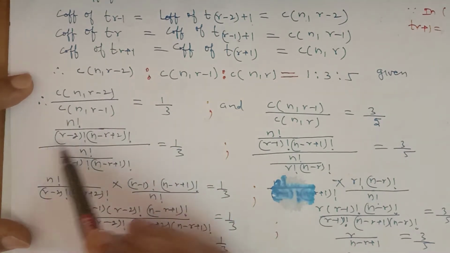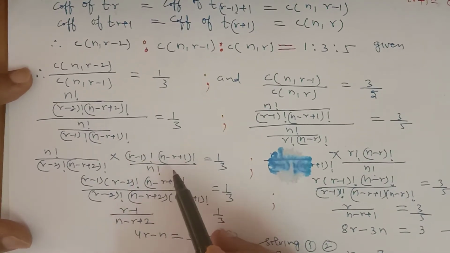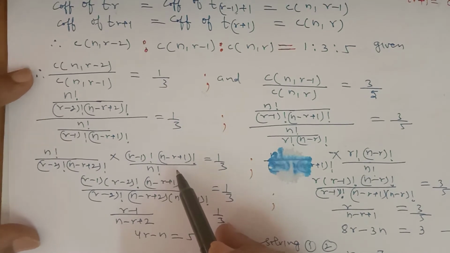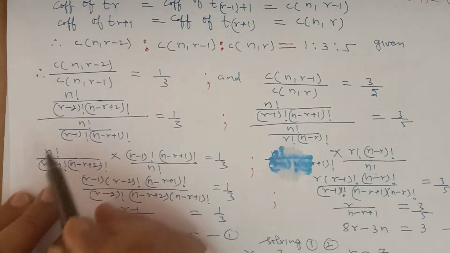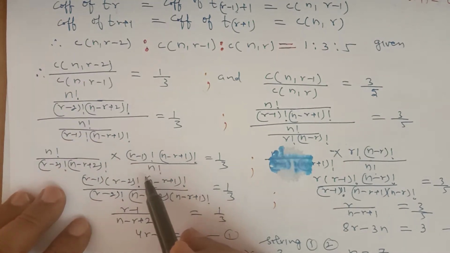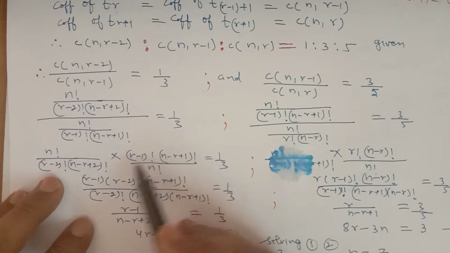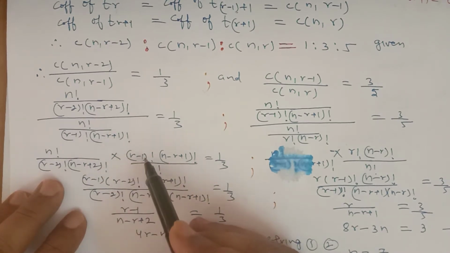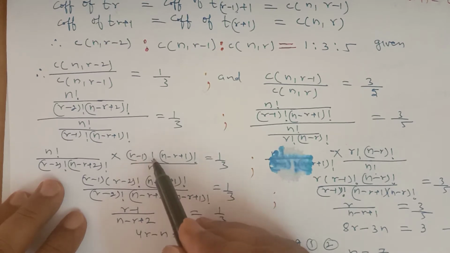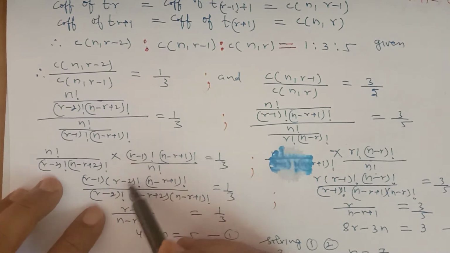Divide it, multiply by taking the reciprocal, and see the expansion of the factorial. We have discussed this already in the previous lectures also. How do you solve it? n! will be cancelled out with n!. Now between (r-2)! and (r-1)!, you have to expand the greater one. So for (r-1)! you can write (r-1)(r-2)!, so that (r-2)! will be cancelled out.